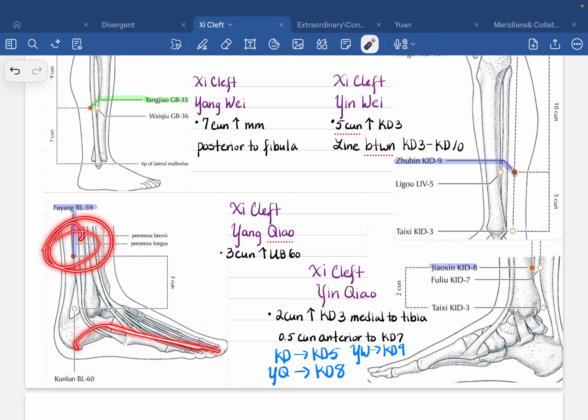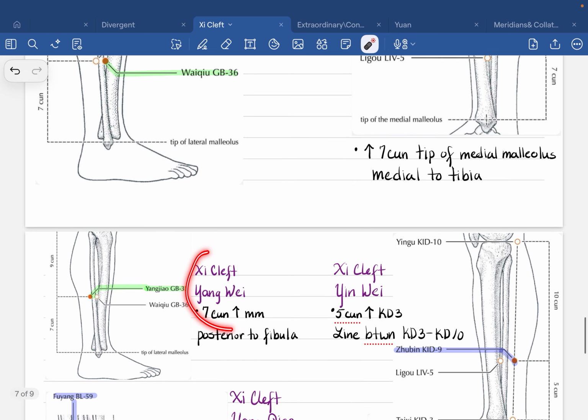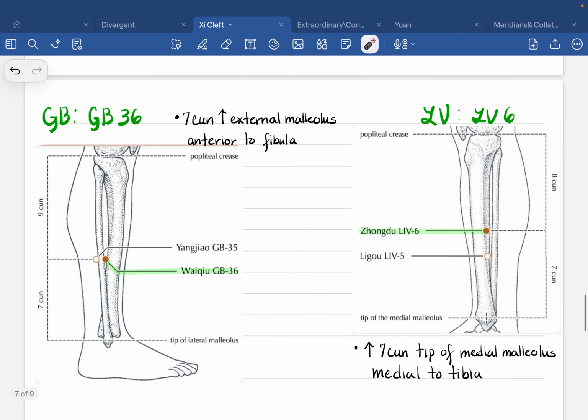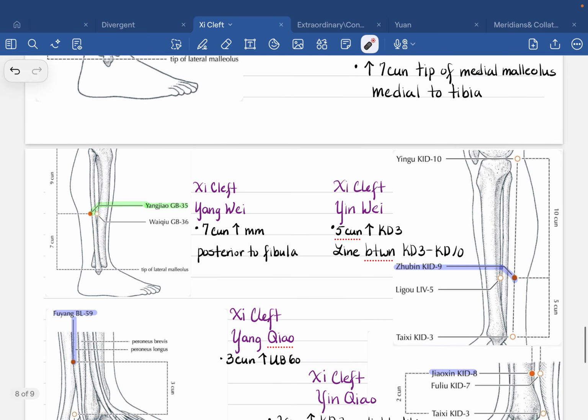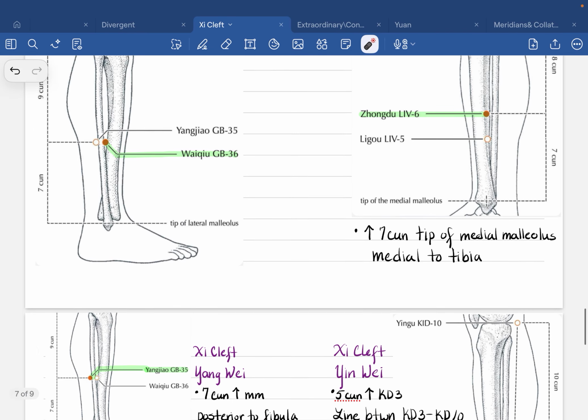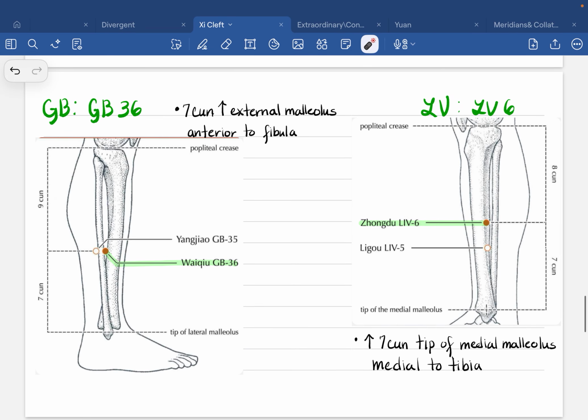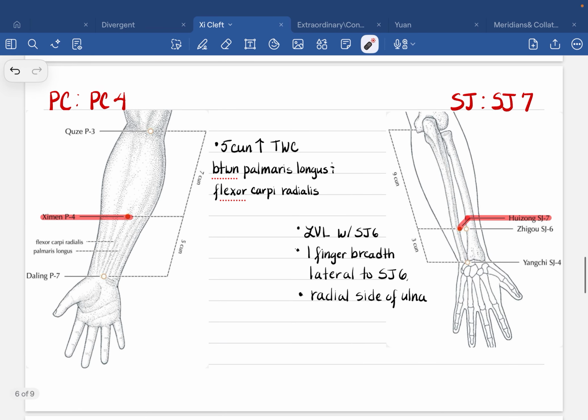This one's on the upper side. The xi-cleft for the yang wei and GB are very closely together, so you can group them up that way. Another thing that you can remember is that GB 36 and liver 6 are both 7 cun. Those are things you need to remember.